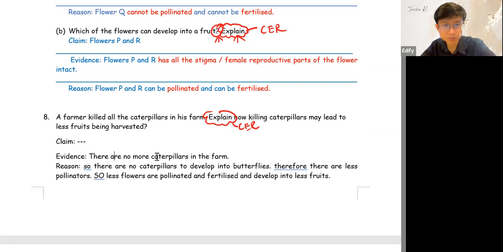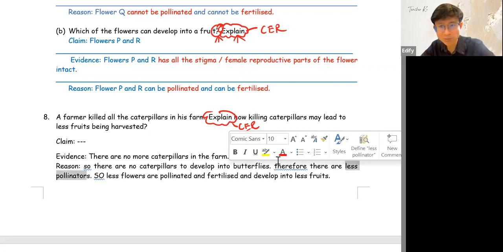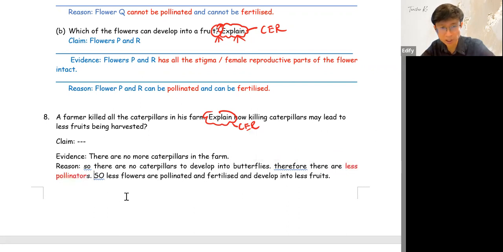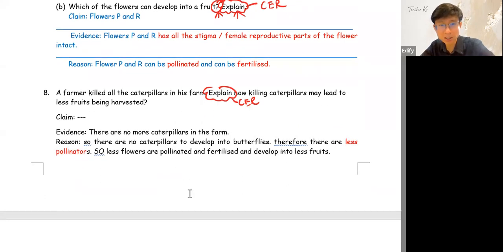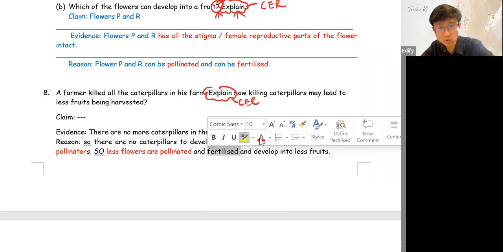So my evidence will be there are no more caterpillars. Not super important, but I repeat it in the reason: there are no caterpillars to develop into butterflies, so there are fewer pollinators now. Take note, there are fewer pollinators, not no pollinators, because there could still be other pollinators, like bees as well. Fewer flowers, I do not say no flowers, I will say fewer. Fewer flowers are pollinated, and make sure fertilized is also there.